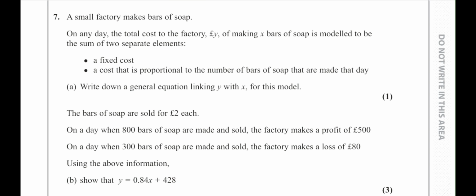Question 7. A small factory makes bars of soap. On any day, the total cost to the factory, pounds y, of making x bars of soap is modeled to be the sum of two separate elements: a fixed cost and a cost that is proportional to the number of bars of soap that are made that day. Write down a general equation linking y with x for this model.